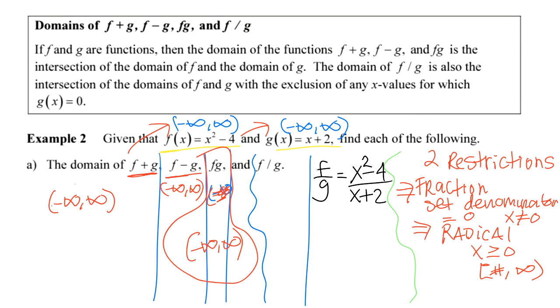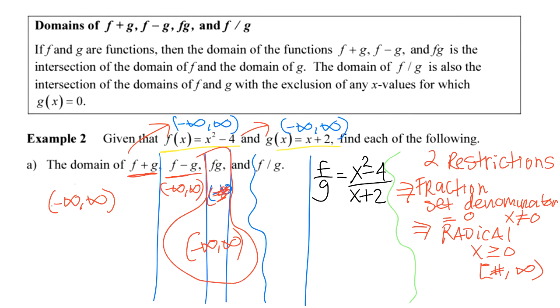When I combine these two functions, and I'm using division, a fraction, now I have a situation. So I need to make sure that I exclude any numbers that are going to make this function undefined.